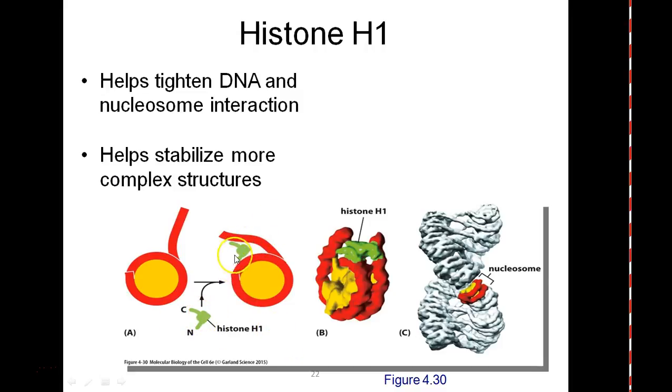It binds at the bottom of the linker region. This is the entry point of the DNA. DNA wraps around and exits. So it binds at the bottom. Histone H1 is not part of the core. It's stabilizing the entire nucleosome structure, more at the bottom.